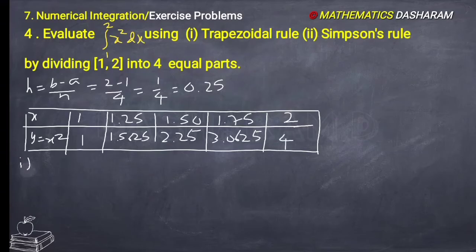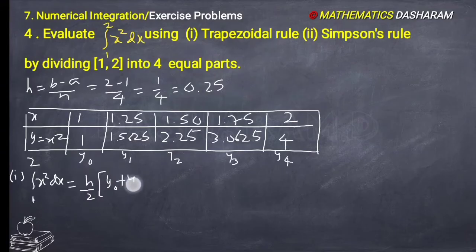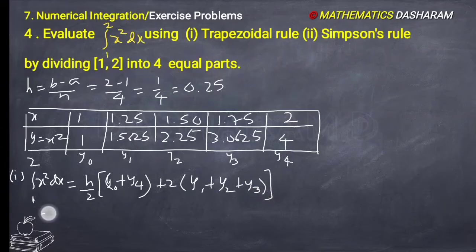Now the first one is using the trapezoidal rule. Let's find integration 1 to 2 x square dx equals, the formula is h by 2 bracket of y0 plus y4 plus 2 into sum of remaining ordinates, so y1, y2, y3. Now let's substitute the values in this formula.